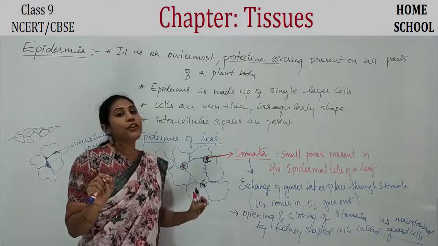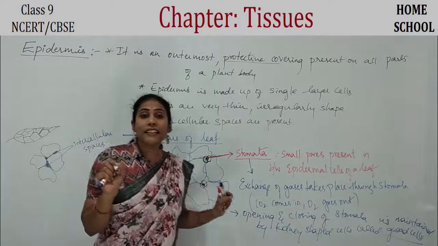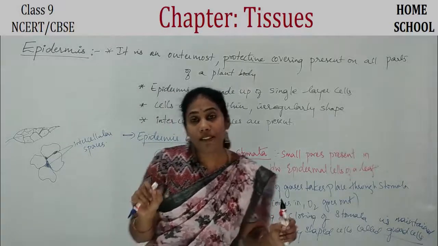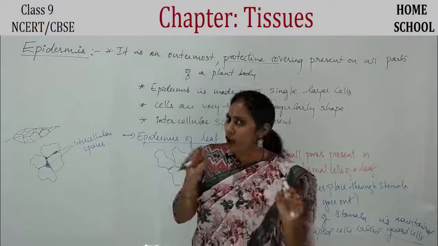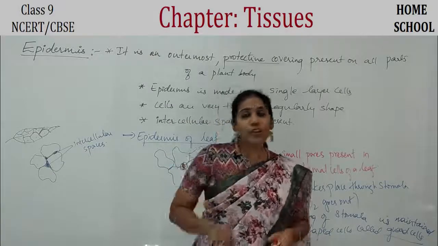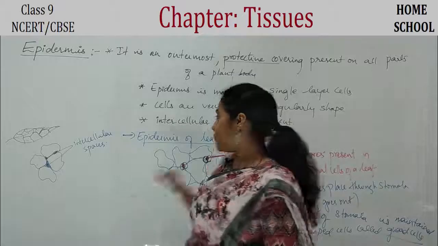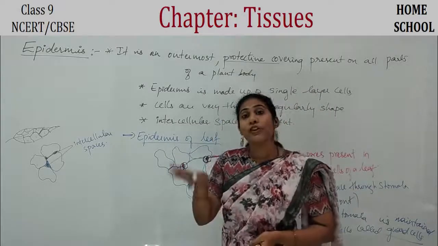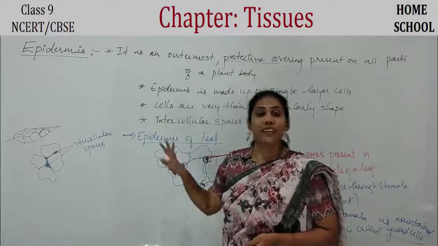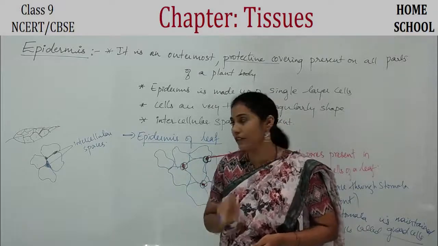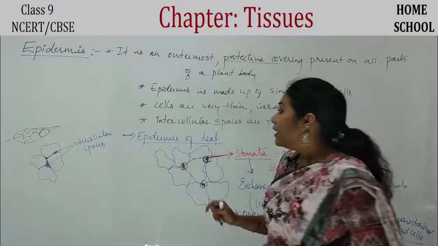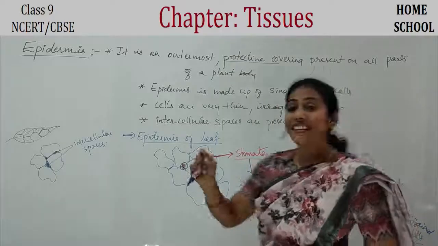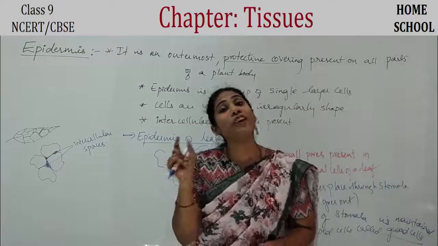Okay, so this is one important use of the epidermis that is present in a leaf. Along with the protection, it is also giving a space for stomata to be present in it, right? So we have so much use with the stomata. Clear? Fine.